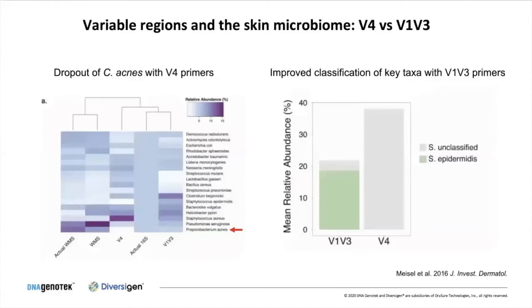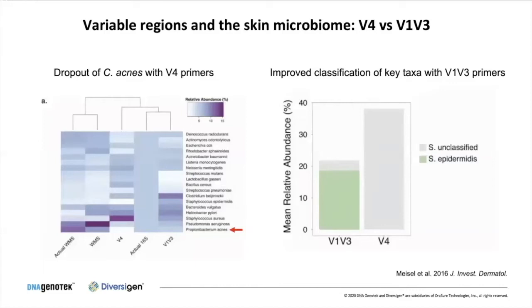There's been a lot of work done in the field on looking at the impact of different variable regions on analyzing the skin microbiome. This is data from a nice paper from Elizabeth Grice's lab from a few years back, where they showed that different regions had different performance for analyzing the skin microbiome. In particular, they saw a dropout of one of these critical taxa, Cutibacterium acnes or Propionibacterium acnes, when using V4 primers.